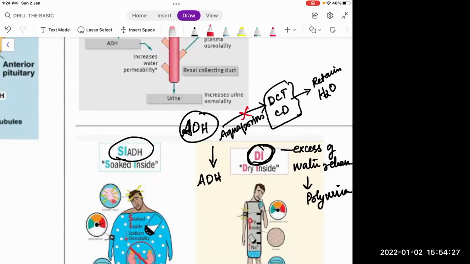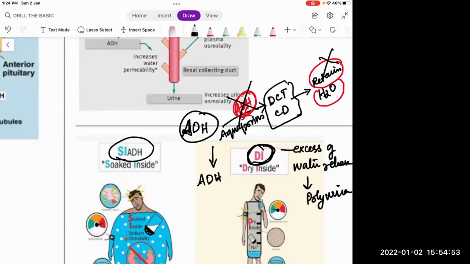Aquaporins are the proteins which get activated only when the ADH binds to them in the nephron. Only when it binds to the nephron will it do the retention of water and control the urine volume. If there is no ADH, no aquaporin activation, no retention of water.